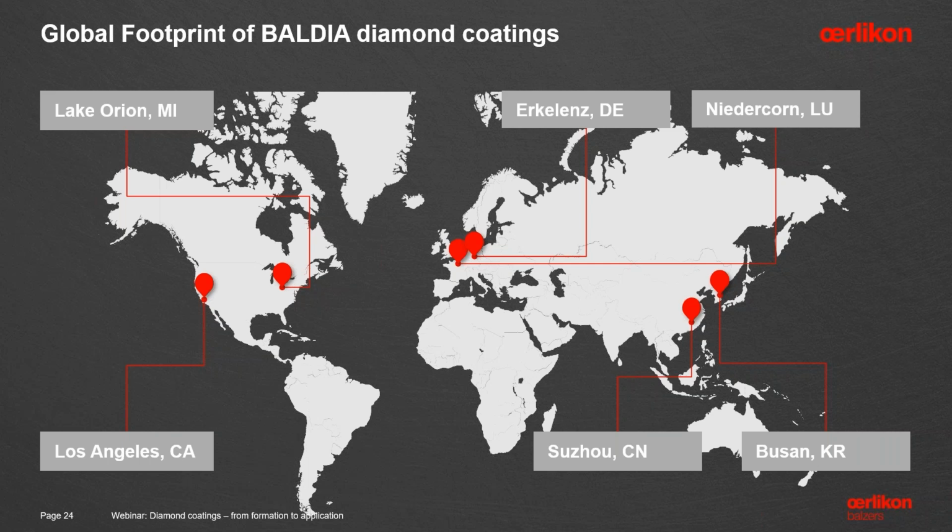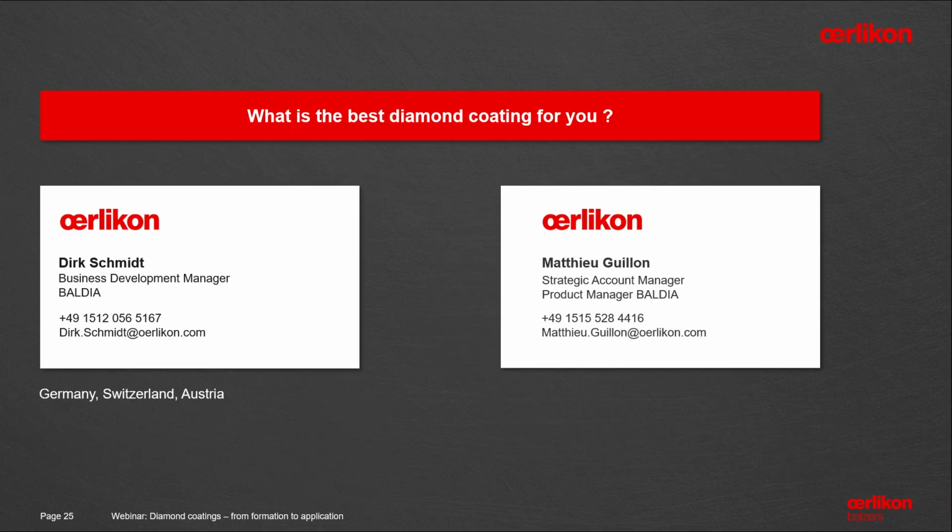So out of these main locations, we are well positioned to serve all industrial locations. So we always recommend to get in touch with our coating colleagues in the field, and always involve our coating specialists for diamond.